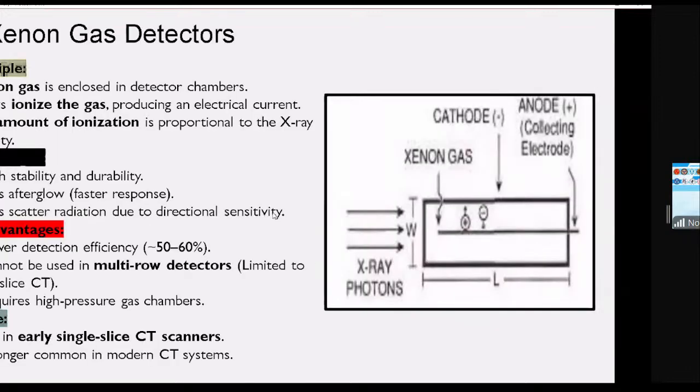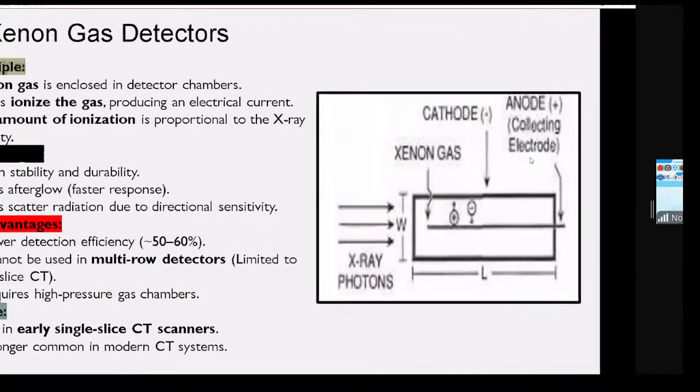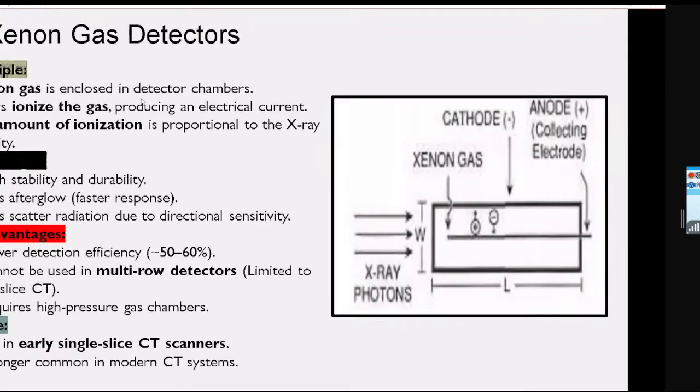For the xenon gas detector, the principle is that xenon gas is enclosed in detector chambers, and the X-ray ionizes the gas to produce an electrical current, and the amount of ionization is proportional to the X-ray intensity.